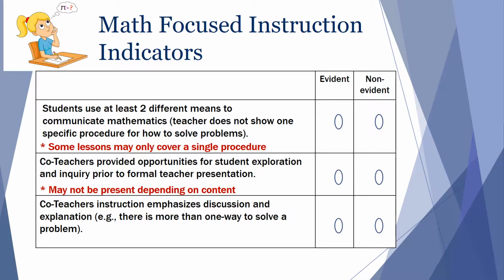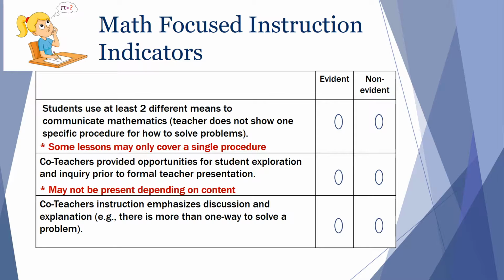Now, depending on the content being taught, students engaging in exploration in order to problem solve may not be present. You are once again encouraged to ask teachers for clarification. However, if the opportunity for students to complete a bell ringer or explore content existed but was not taken, then once again mark the indicator as non-evident.